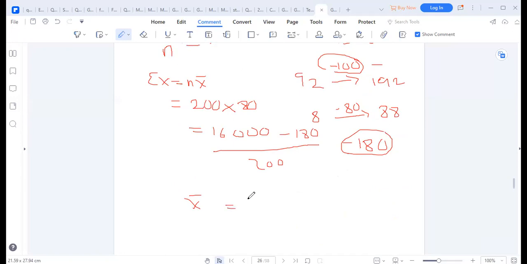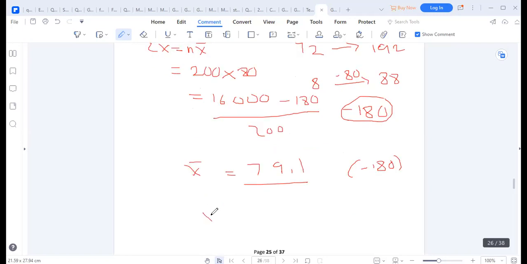We get 79.1. So this 79.1 was if we remove the wrongly added 180. The mean that we are currently showing here is 80 because it had an error where we added 180 wrongly. Have I lost anyone?